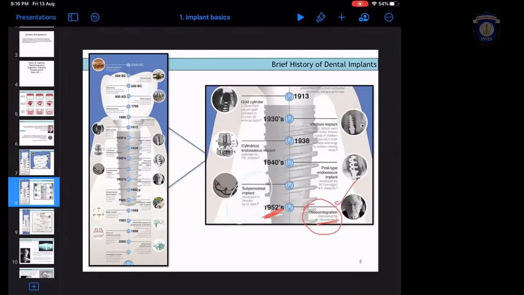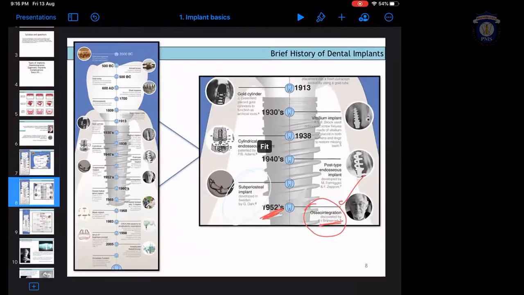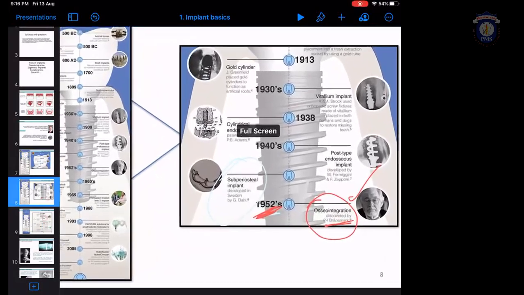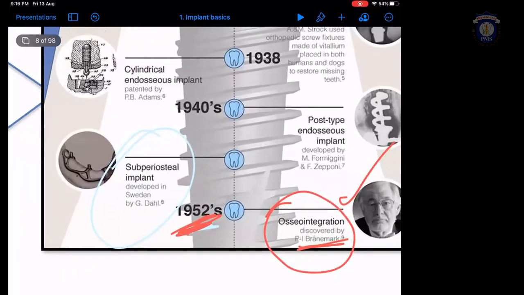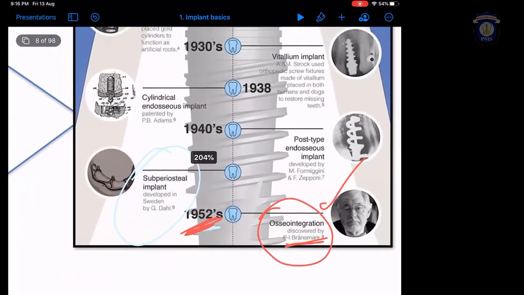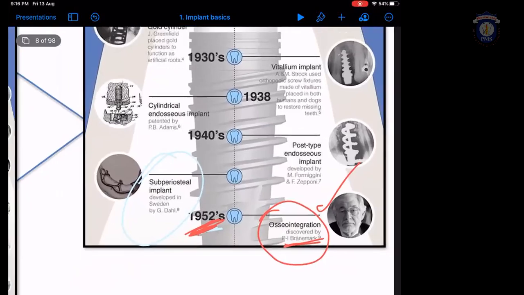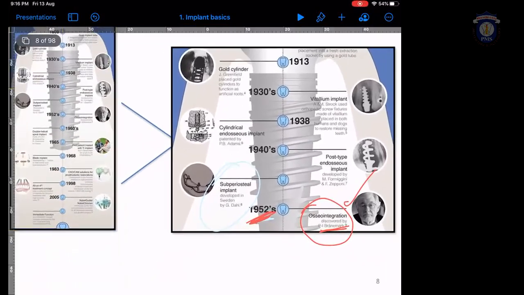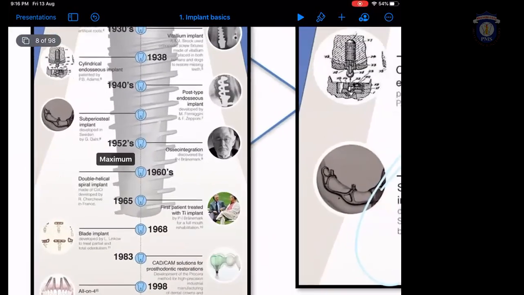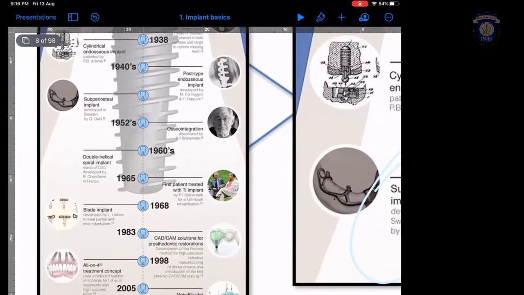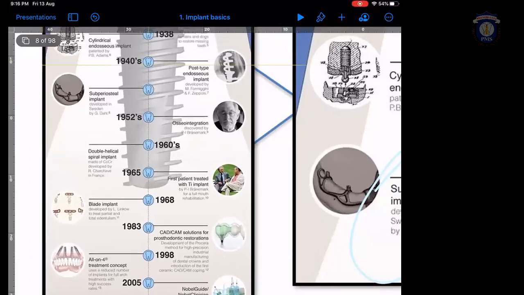So in 1952, the concept of osseointegration was described by Per Ingvar Branemark, who is known as the father of the implant. Okay. Then again, it took until the 1990s to discover the titanium implants. Okay, it was again the 90s.